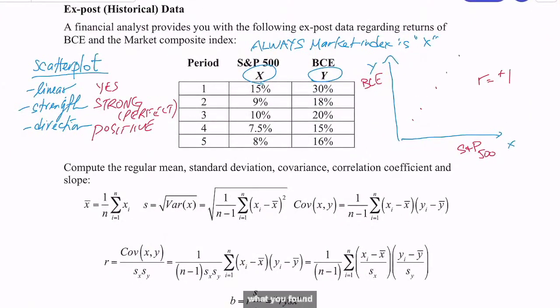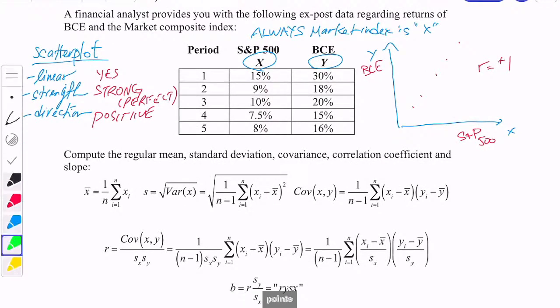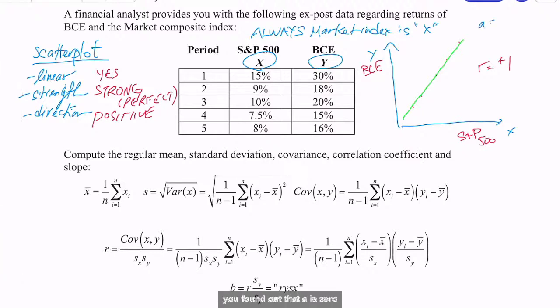What you found is the line. You found the best fit line to the points. You found out that A is 0, B is 2, and R is positive 1.